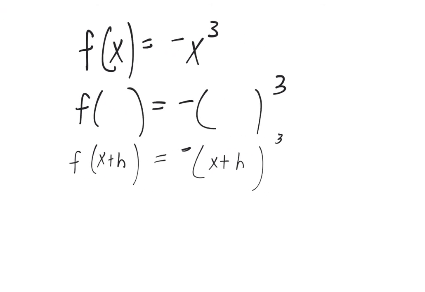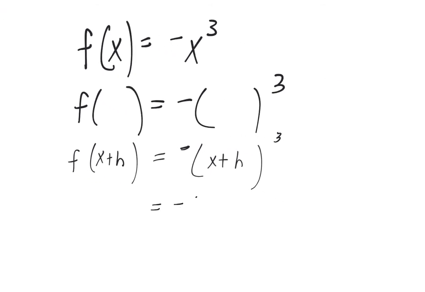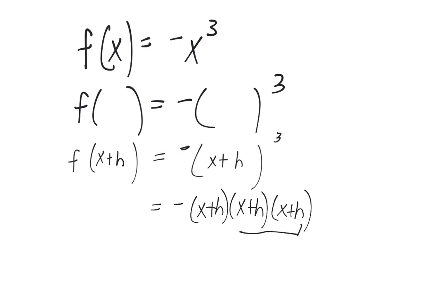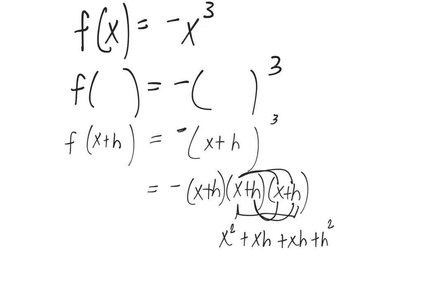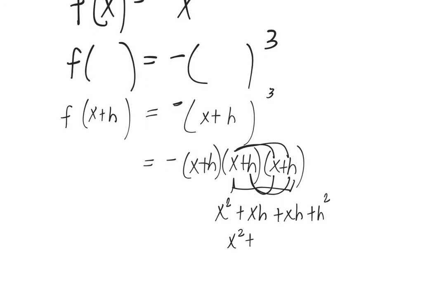You need to cube that out. I will start with these back two, and this is a FOIL method. So x times x is x squared, x times h is xh, h times x is xh or hx, it's the same thing. H times h is h squared. That simplifies into x squared plus 2xh plus h squared.